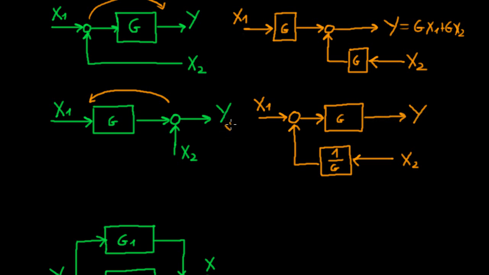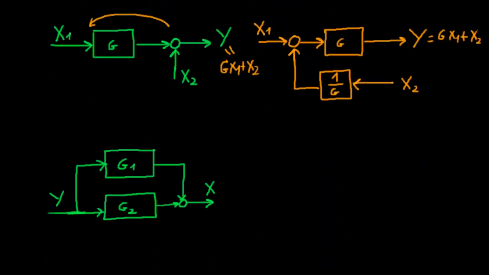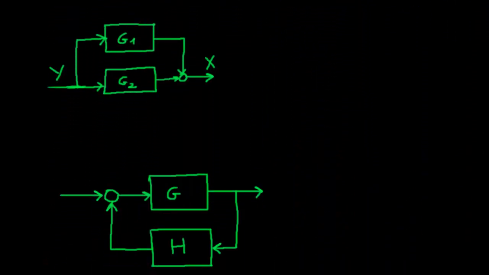If here y was equal to gx1 plus x2, well, here y is equal to gx1, but since now we are adding the signal before g, we must divide x2 by g, so that 1 over g cancels out with g, and in the end we get gx1 plus x2. Well, those are maybe the four more complicated.